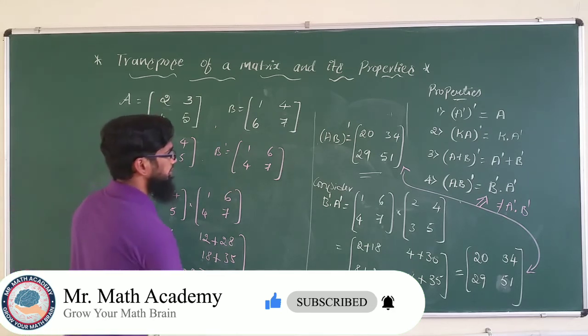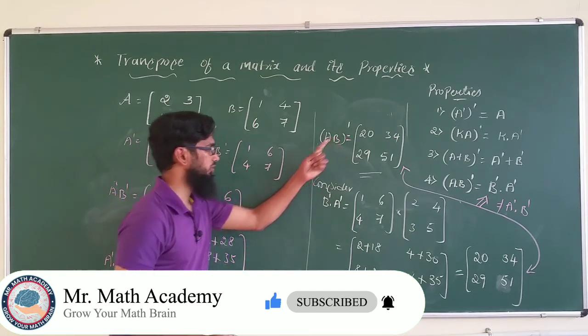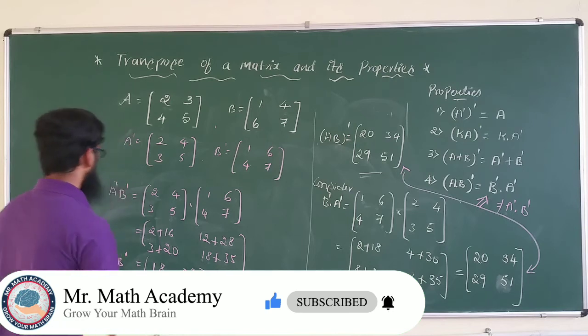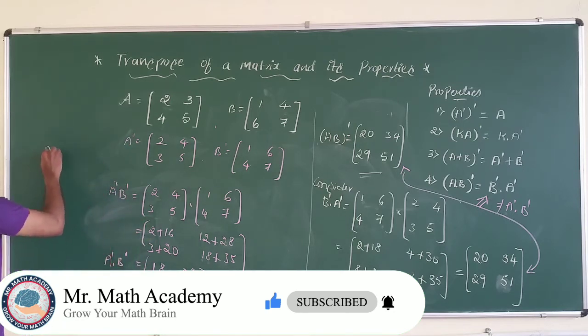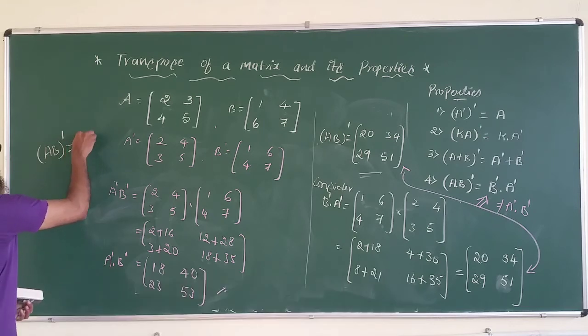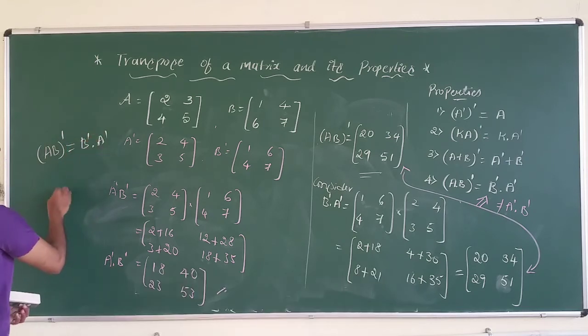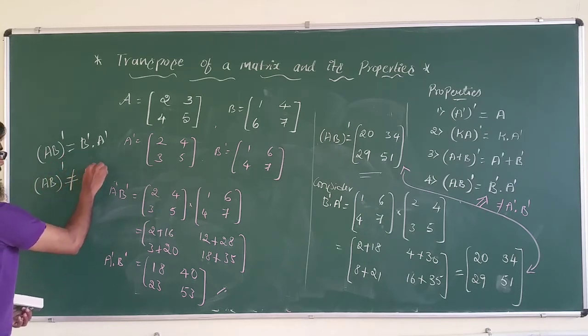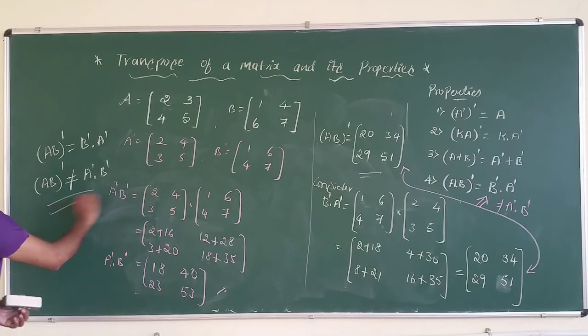Now, you just compare: (AB) whole transpose is not equal to A transpose into B transpose. From this we can prove that (AB) whole transpose is equal to B transpose into A transpose, but we cannot write it as A transpose into B transpose.